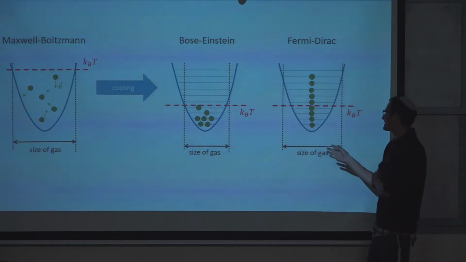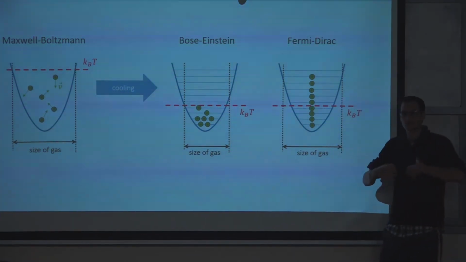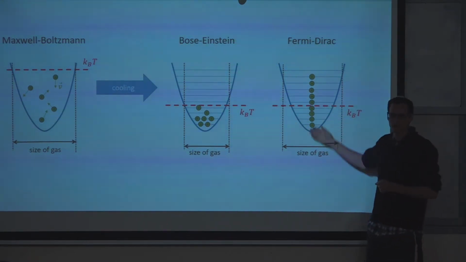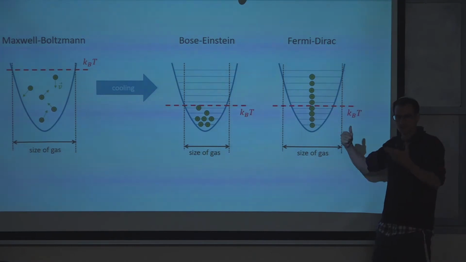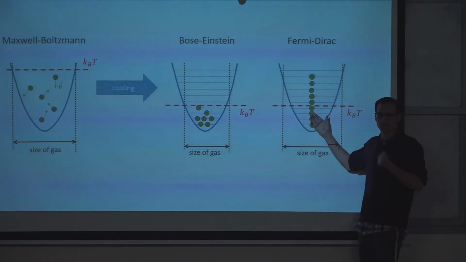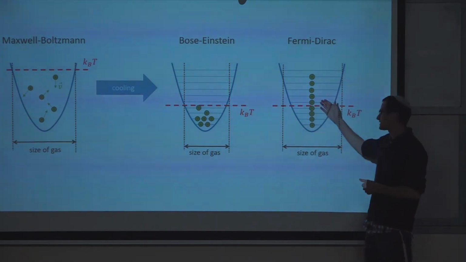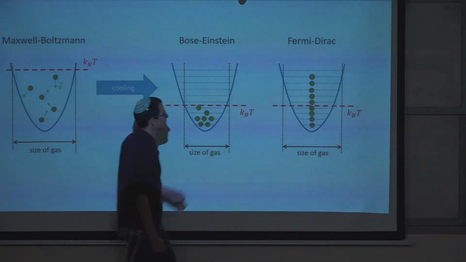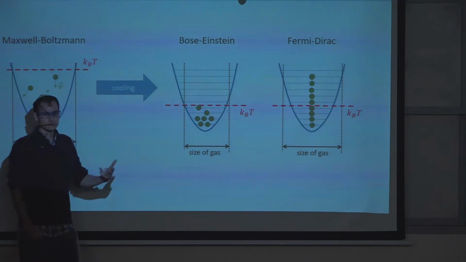It's not the fact that fermions are bumping into each other that creates some kind of pressure and pushes them out. These particles are not interacting. As I said, it's a dilute gas. These particles never touch each other. They never bump into each other. Each particle is an individual and doesn't know the others exist. The only thing it knows is that it's a fermion and it has to obey fermionic statistics. So this result is due only to the quantum statistics and not to interactions.